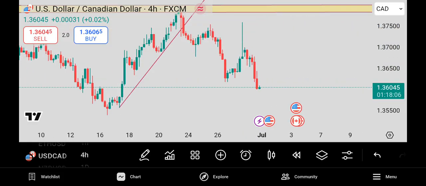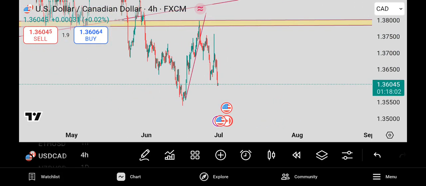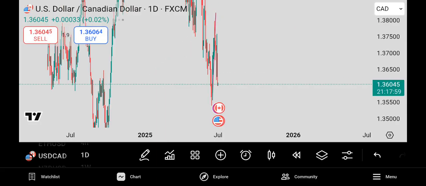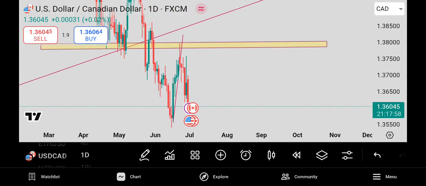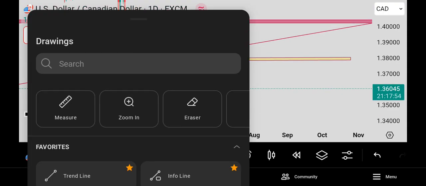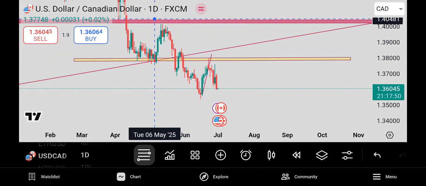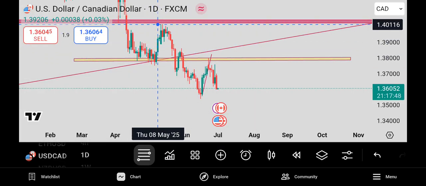So after this, I drew my counter trend line. Let me just go back a little bit. Another reason why I sold, I will never forget, is Fibonacci bounce. Fibonacci bounce is the most important reason why I sold.